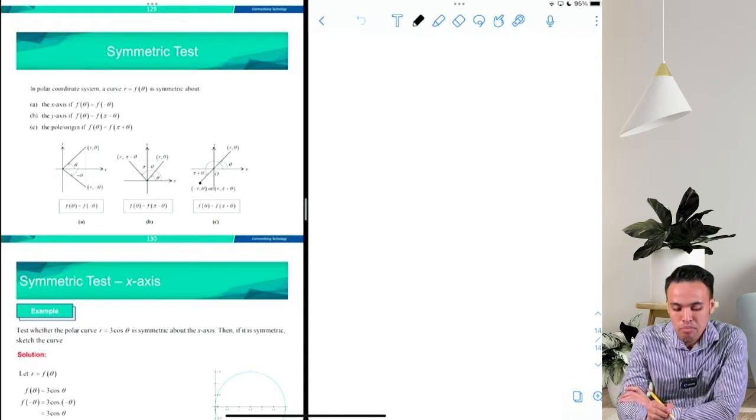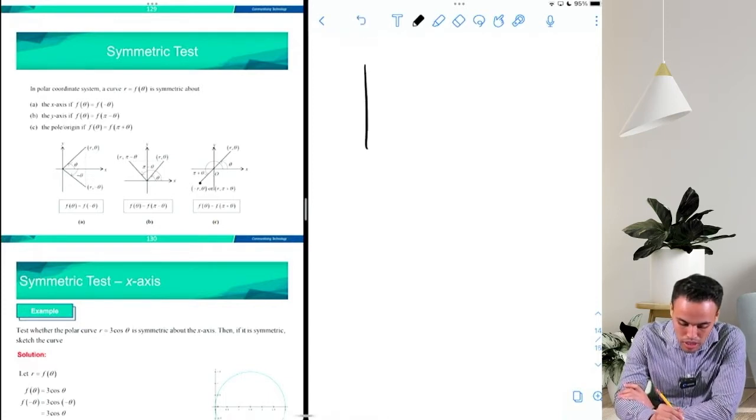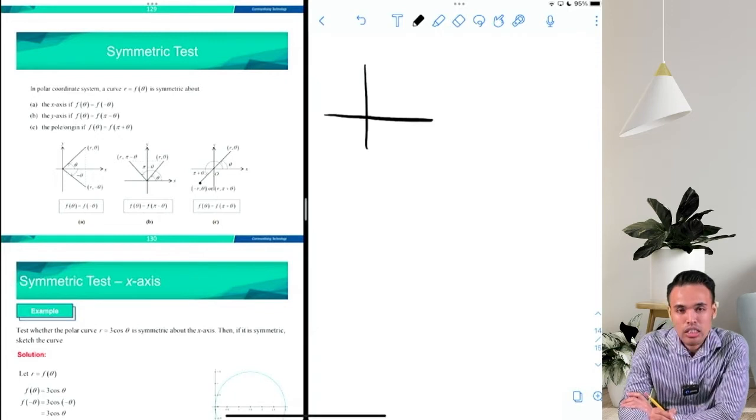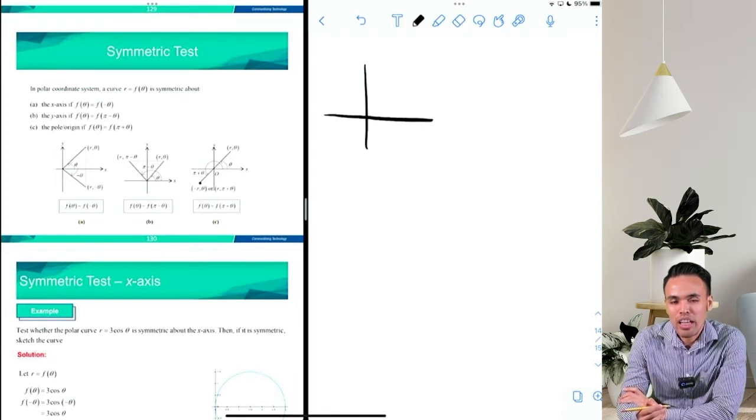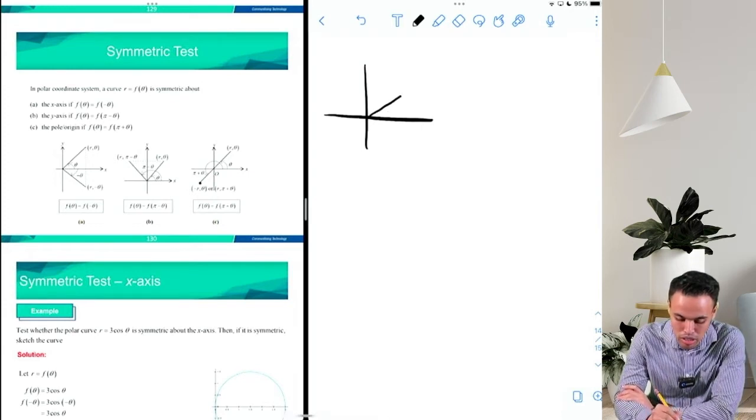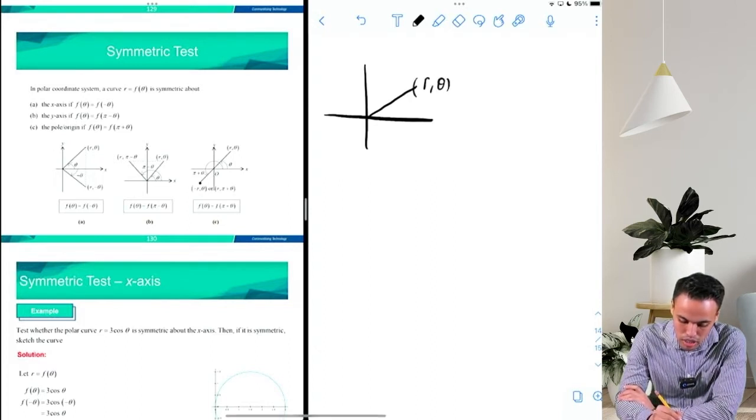The first illustration shows the situation when you are about to conclude whether the curve is symmetric about the x-axis or not. As you can see, this is r theta, and its complement is r negative theta.